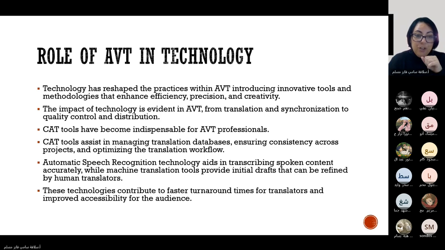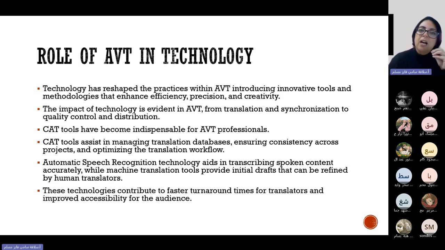Okay? So, the impact of technology is evident in AVT from translation and synchronization. Thanks to technology, there is now synchronization of the voice with lip movement. Okay? CAT tools, the ones that you learned in the modern translation course, have become indispensable for AVT professionals. Why?